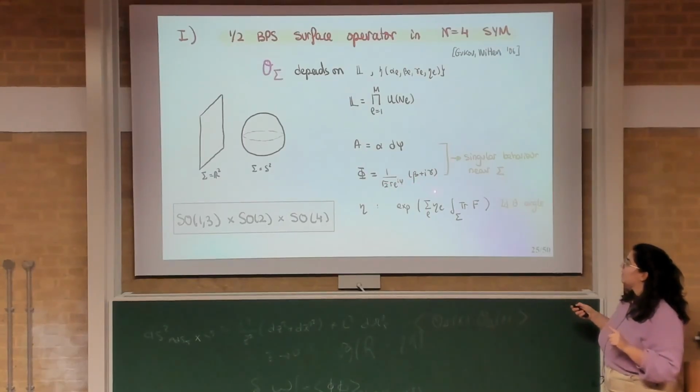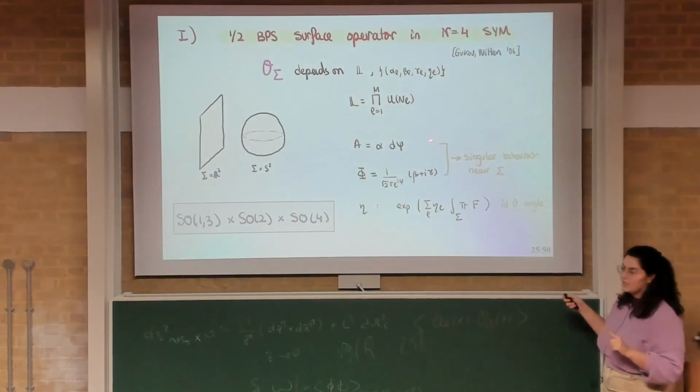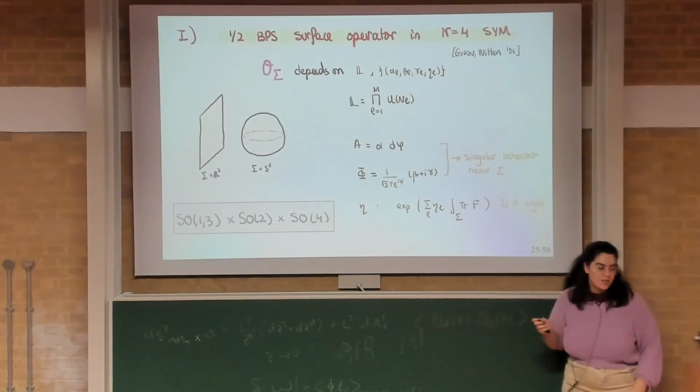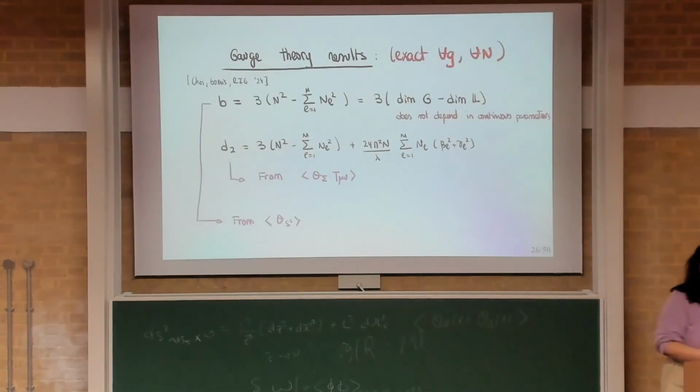Alpha, beta, and gamma are matrices that are invariant under this Levi subgroup. And then there is a two-dimensional theta angle that is not going to play any role in my discussion.